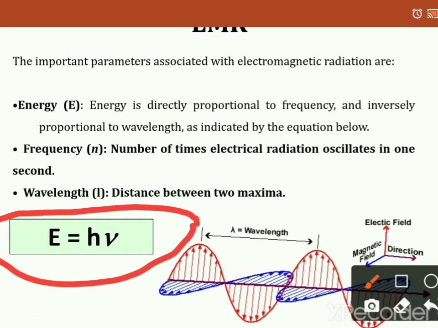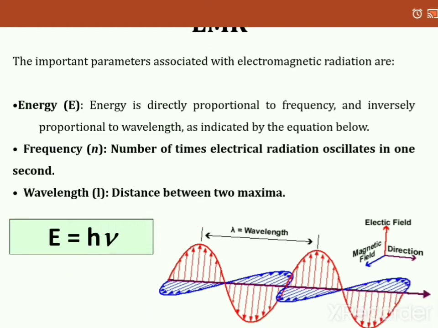Energy is directly proportional to frequency nu, while it is inversely proportional to wavelength because nu is equal to c upon lambda. So if we put this value in this equation, it becomes E is equal to h c upon lambda. So energy is inversely proportional to wavelength. Frequency nu is the number of times electromagnetic radiation oscillates in 1 second.